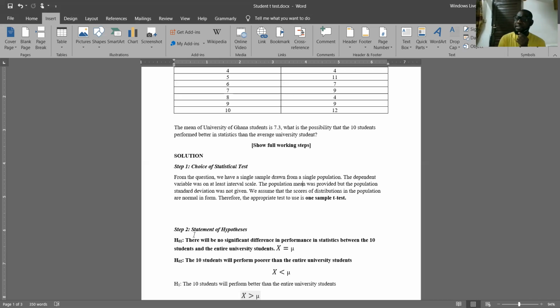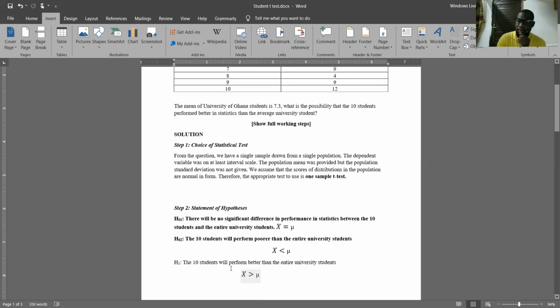Apart from stating your hypothesis in words, you're supposed to represent them in symbols. For you to represent them in symbols, with your H1, we're comparing the sample and the population. And as I've been saying, to represent them in symbols, you use the means.